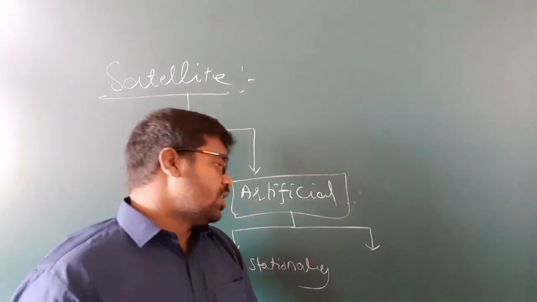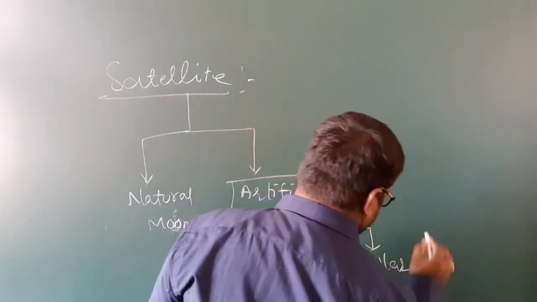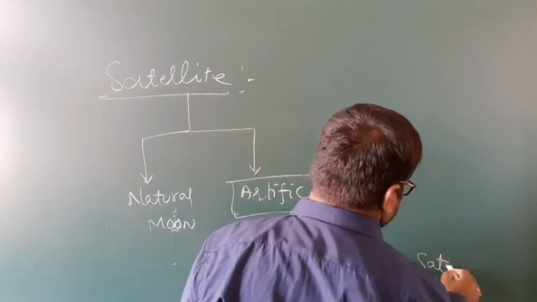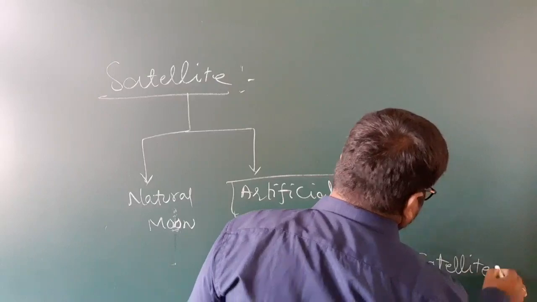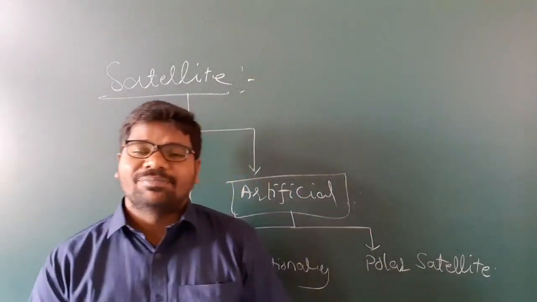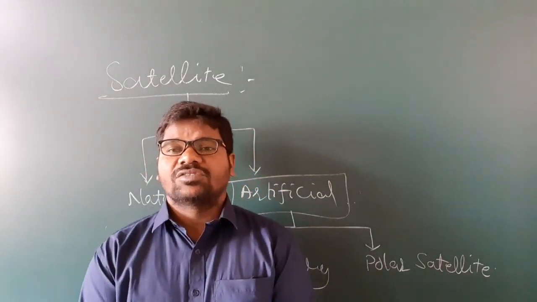Next, polar or sun synchronous satellites. Polar satellites are satellites which pass from north to south.